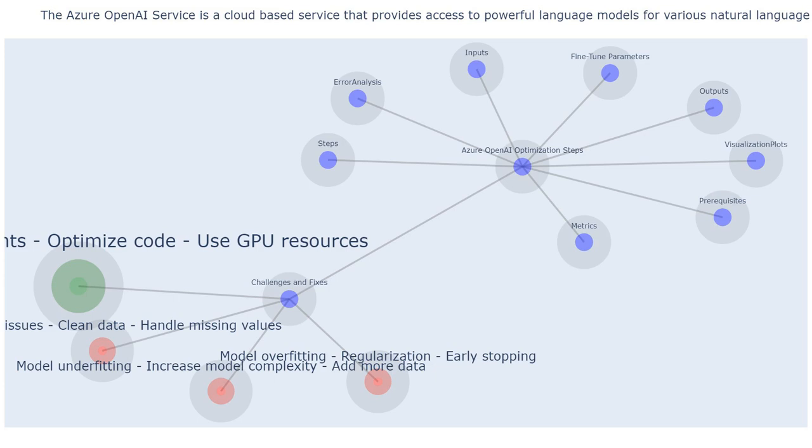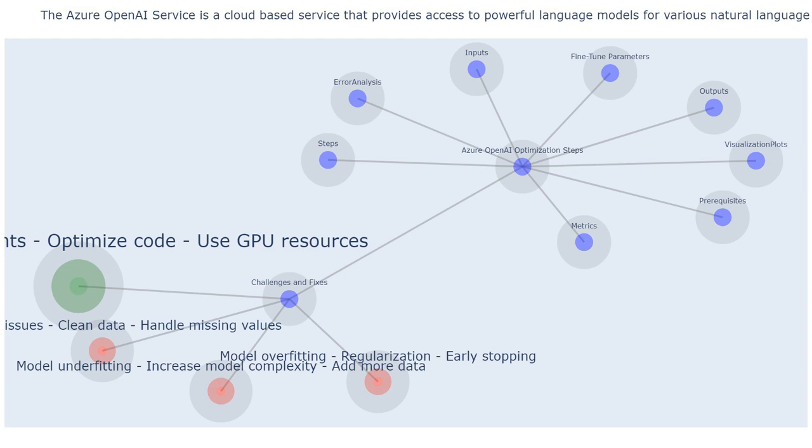Computational constraints can limit the size and complexity of the model that can be used. This can result in longer training times or lower model performance. Optimize code involves identifying and fixing inefficiencies in the code that is used to train and evaluate the model. This can help to reduce training time and improve the model's performance.